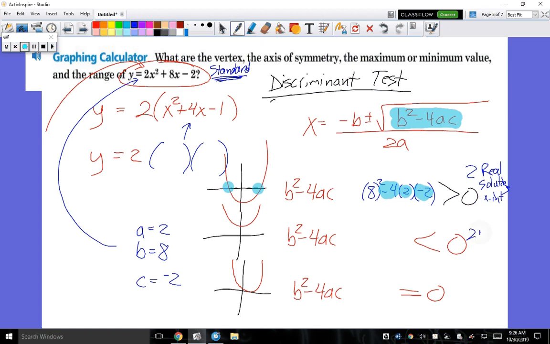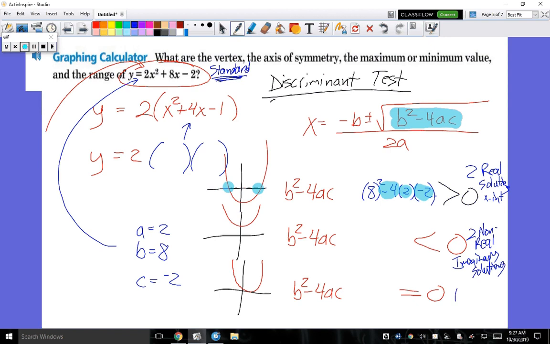This has two non-real, aka, what's the other word for non-real? Imaginary. Did they ever teach you imaginary? A little bit? No? Alright, so anyway, I'll teach you now. Two non-real, otherwise imaginary solutions.